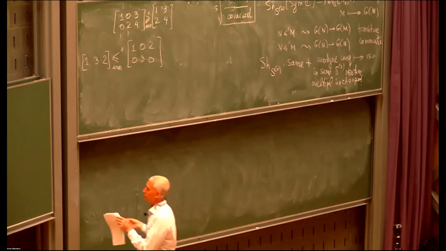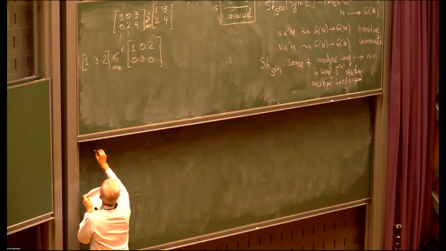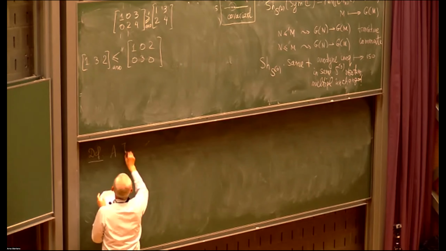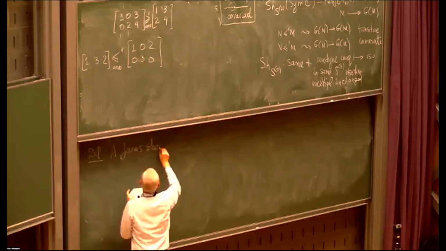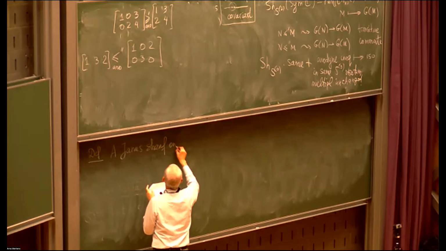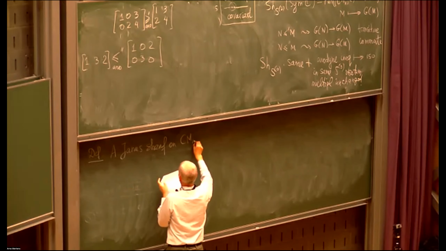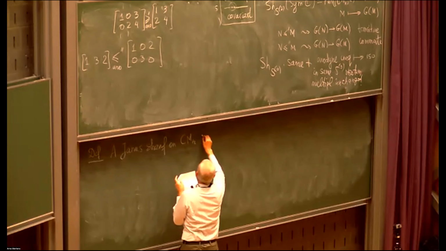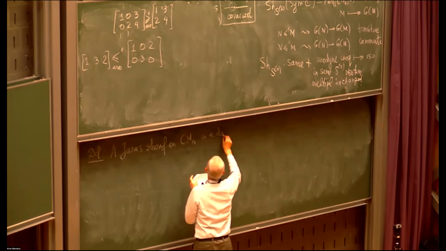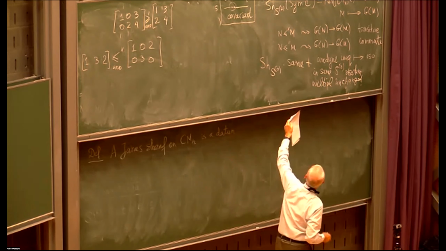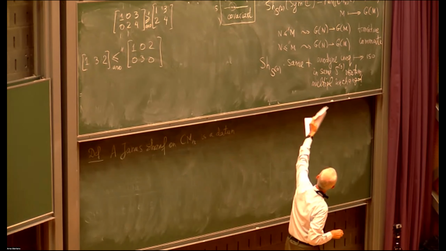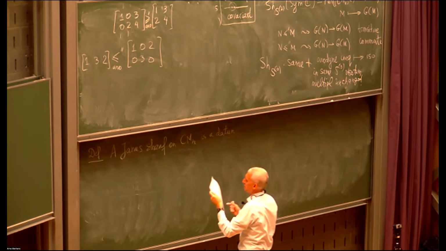Now let me give a definition. A Janus sheaf on Cmn is a datum. It's very much like this, but I want it to be covariant in one direction and contravariant in the other direction.